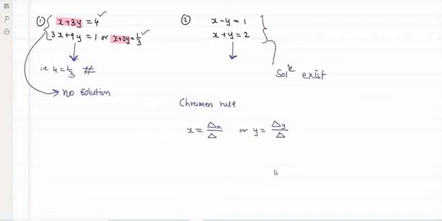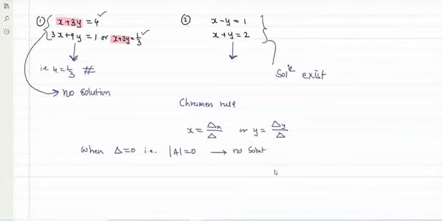When delta is equal to 0. That means the determinant of the coefficient matrix is equal to 0, correct? Then no solution.